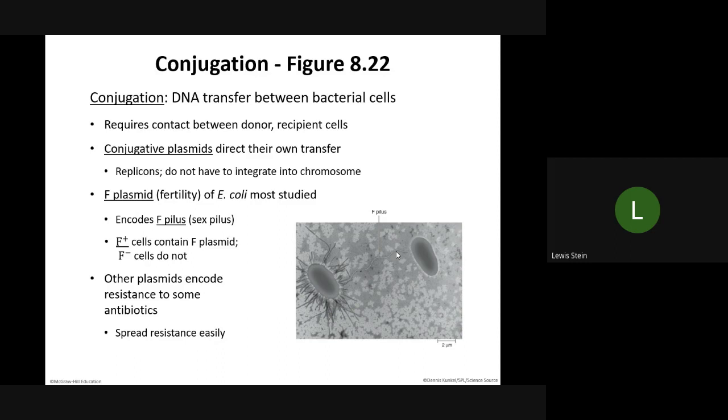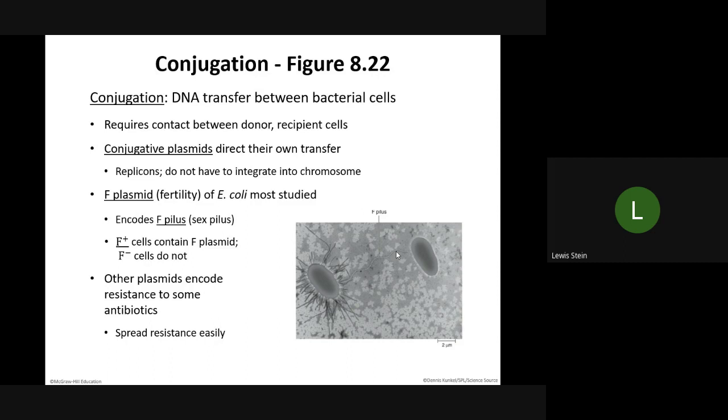Those are to accomplish the transfer of the genetic material, or to put it very simply, to conjugate. It can have other stuff. It can have resistance on it. In that case, it's also an R plasmid.